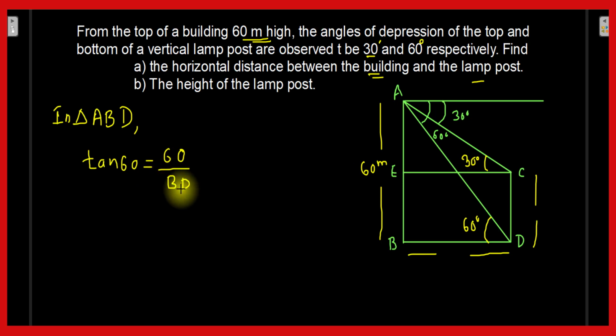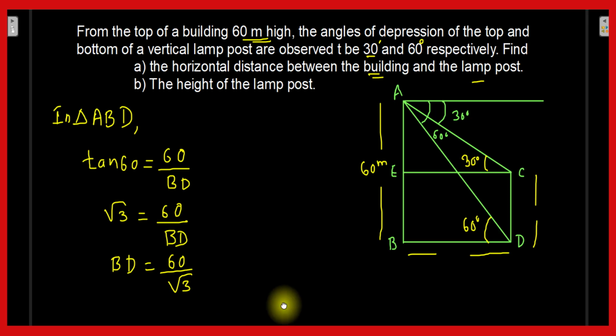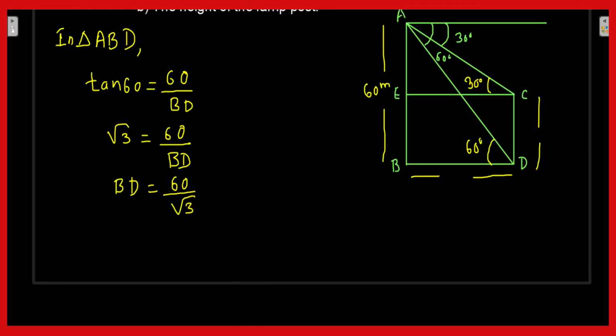The value of tan 60 is root 3, so root 3 is equal to 60 upon BD, and therefore BD is equal to 60 upon root 3. We do not write surds in the denominator.